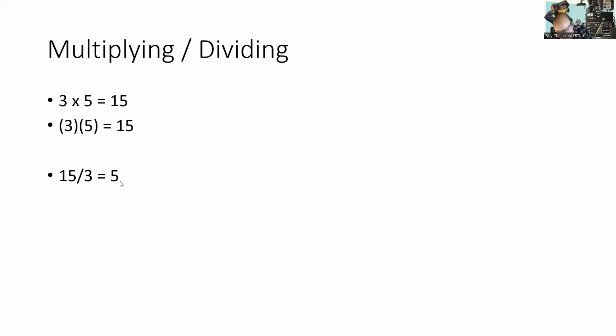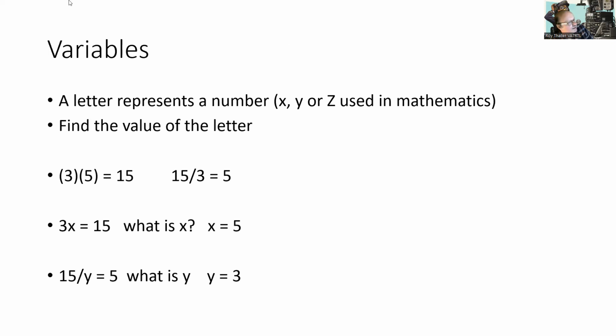And then if we take it to the next step and introduce variables, basically you're using a letter like x, y, or z, which is used in mathematics, or A, B, C. In this course, we'll be using things like volts, amps, I for current, E for volts, and R for resistance.